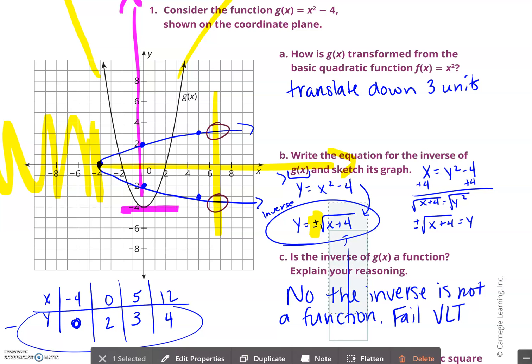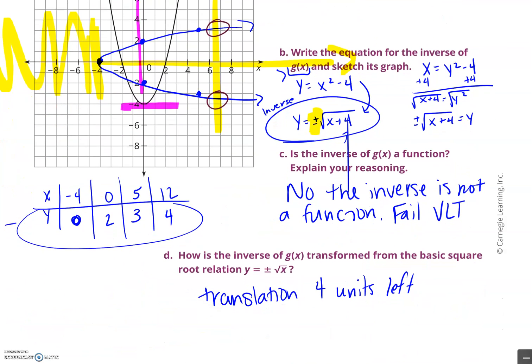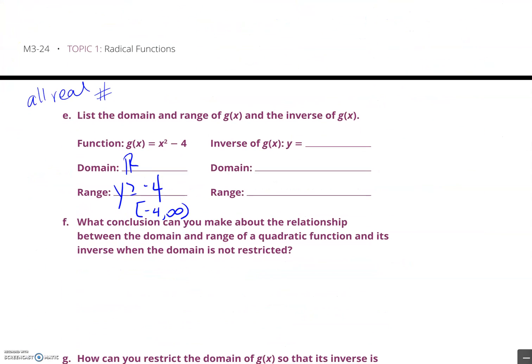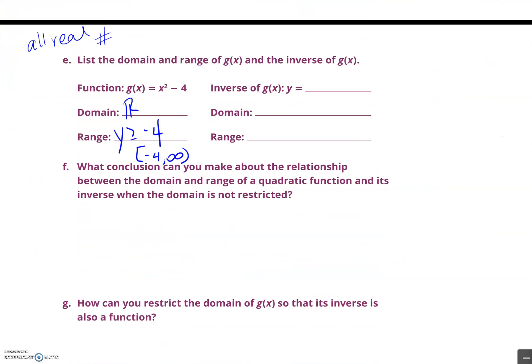Our domain only exists with the x values that are bigger than -4. Again, notice on the domain we're using x. In interval notation, it would be -4 to infinity. And our inverse again would be plus or minus the square root of x plus 4.